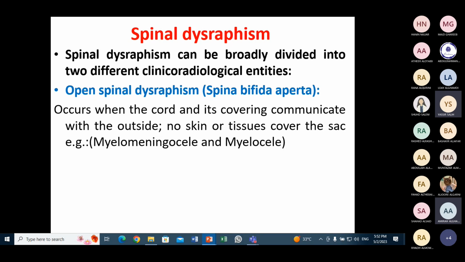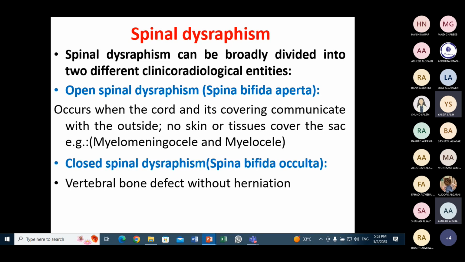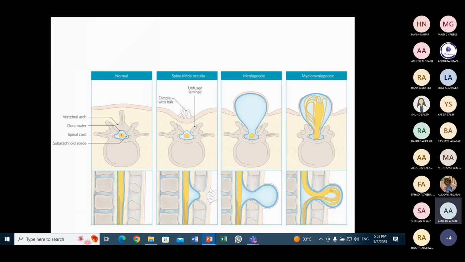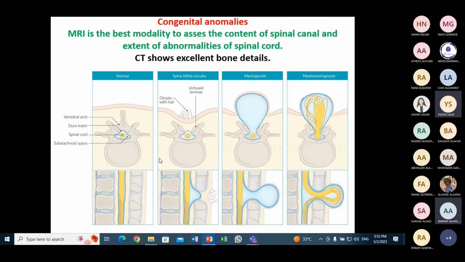Spina bifida aperta occurs when the cord and its covering are outside. There is no skin covering the abnormal opening. How is that? This is a normal vertebral body. This is the spinous process.